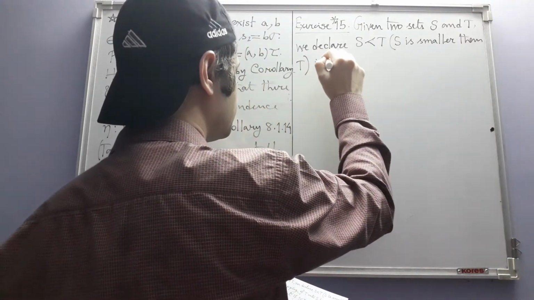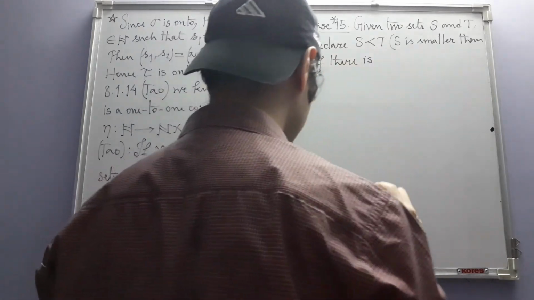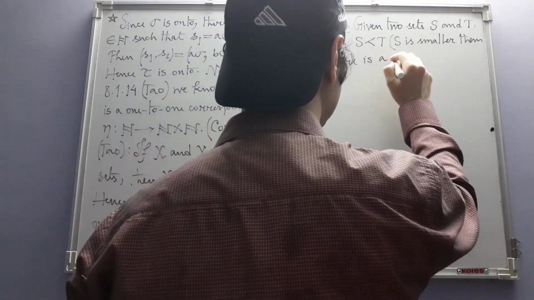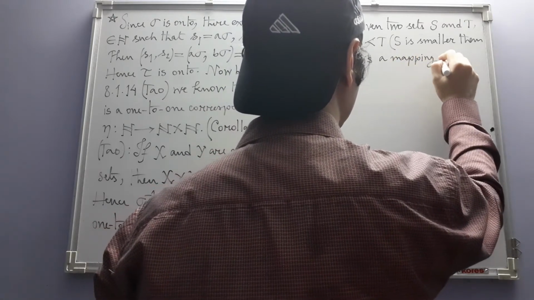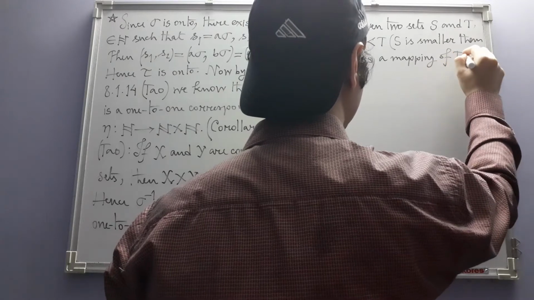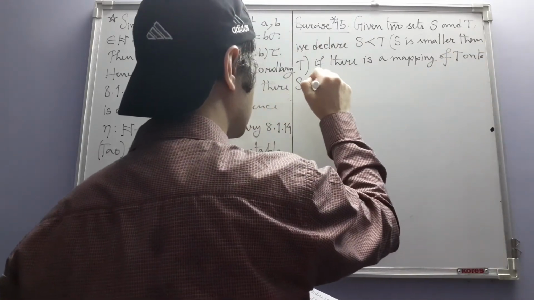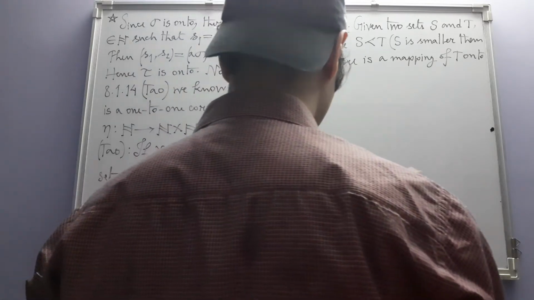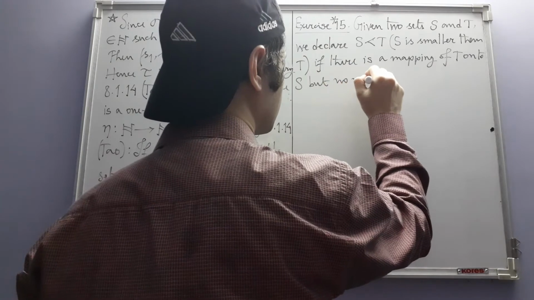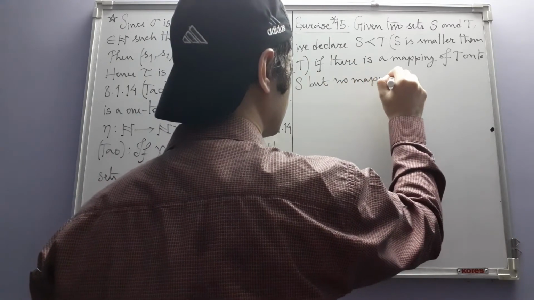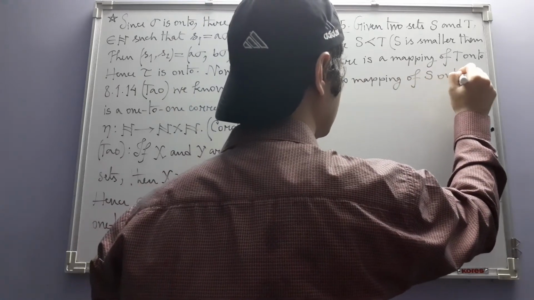If there is a mapping of T onto S, but no mapping of S onto T.